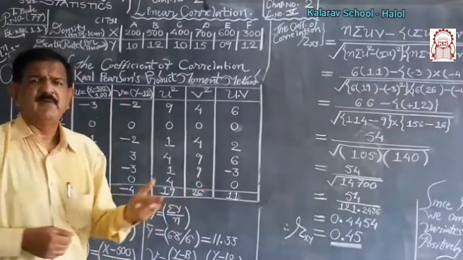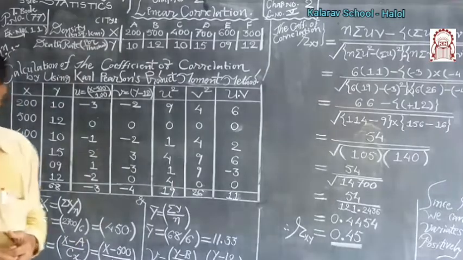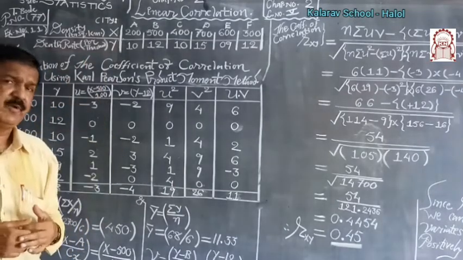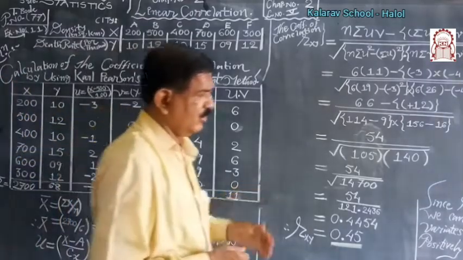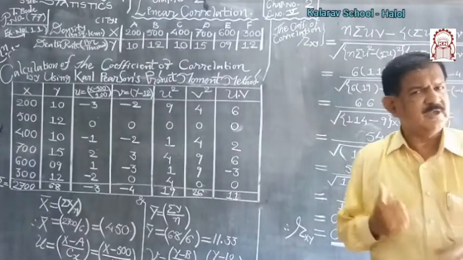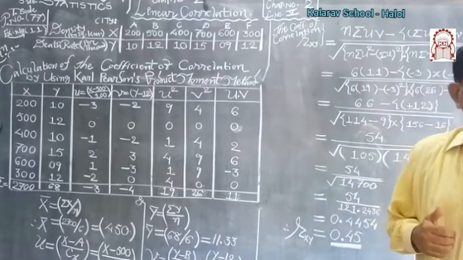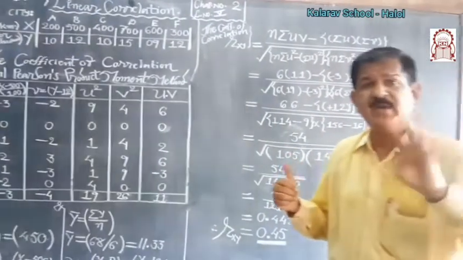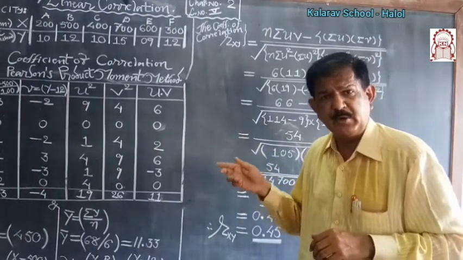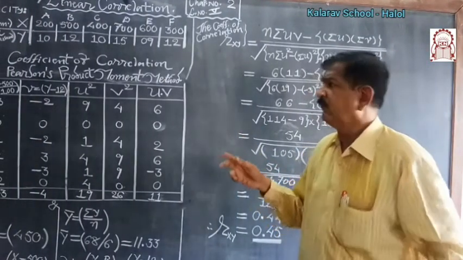So practice from exercise number 2.2 as well as the illustration examples and final exercise 2 from our textbook. This was generally asked in section E or section F, for 4 marks or 5 marks. This is one of the important methods of this chapter.